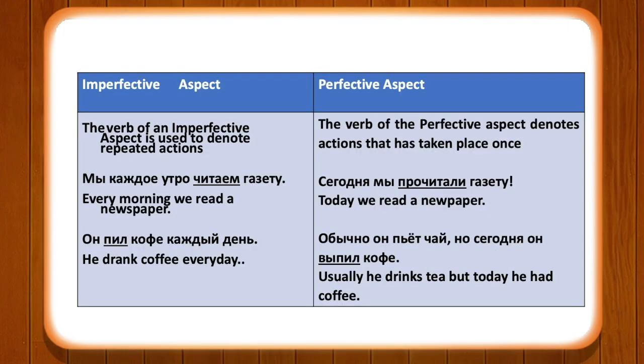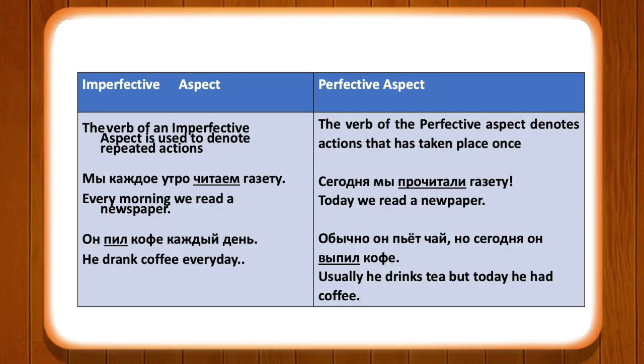The next difference in meaning of the use of perfective and imperfective aspect is that imperfective aspect is used to denote repeated action, to denote habitual action, whereas the perfective aspect denotes an action that has taken place only once.